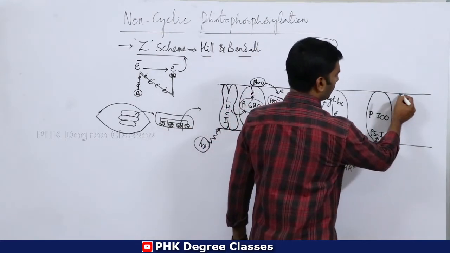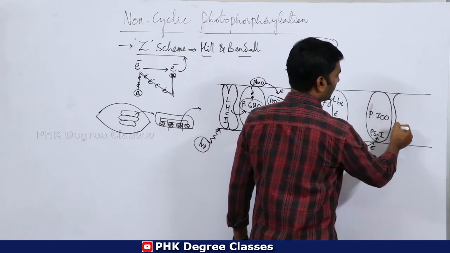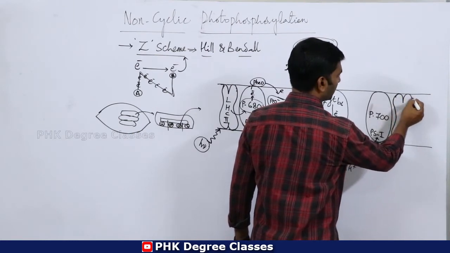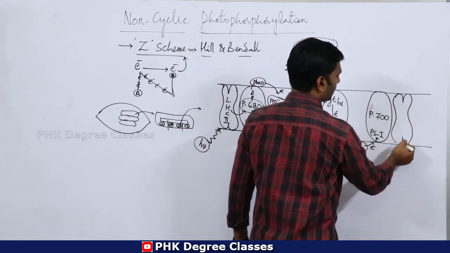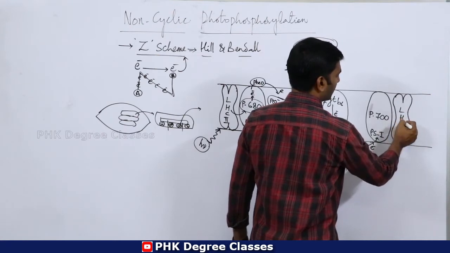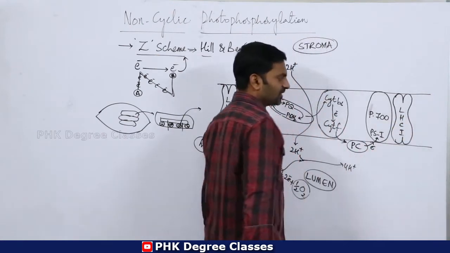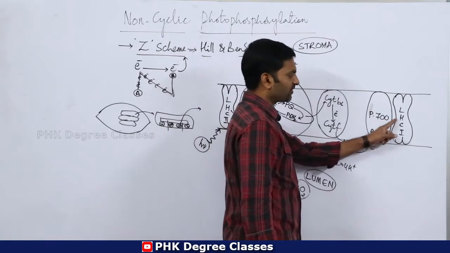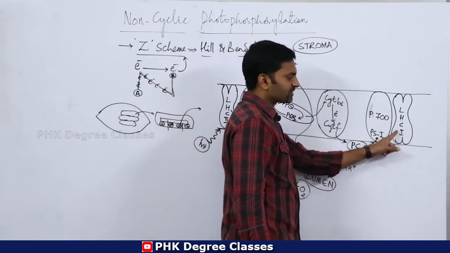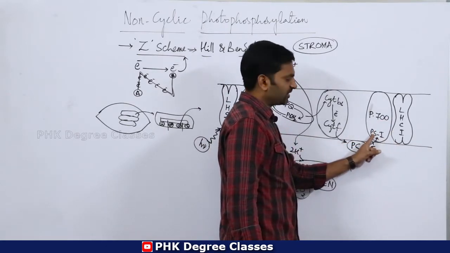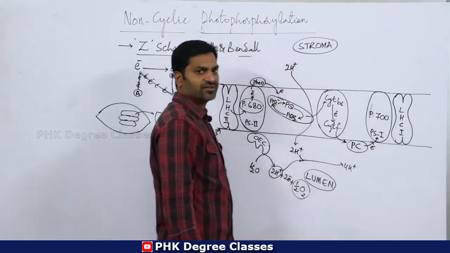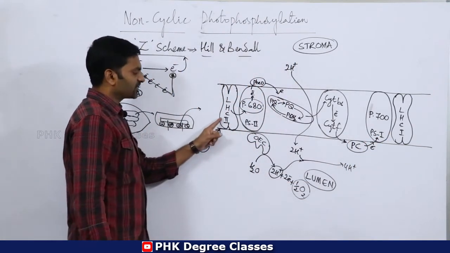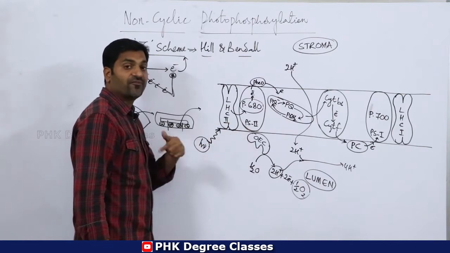So there is another light harvesting complex here. This is LHC1, that is light harvesting complex 1. So always 1 is associated with 1, that is photosystem 1 with light harvesting complex 1, and light harvesting complex 2 is associated with photosystem 2.